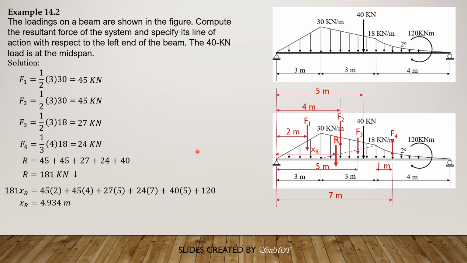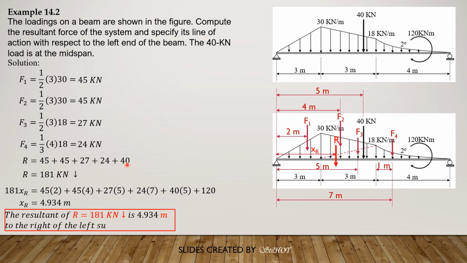So solving for xr is 4.934 meters. So therefore, the resultant is downward 181 kilonewtons and is acting at 4.934 meters horizontally from the left end. Or the resultant is 4.934 meters to the right of the left support.